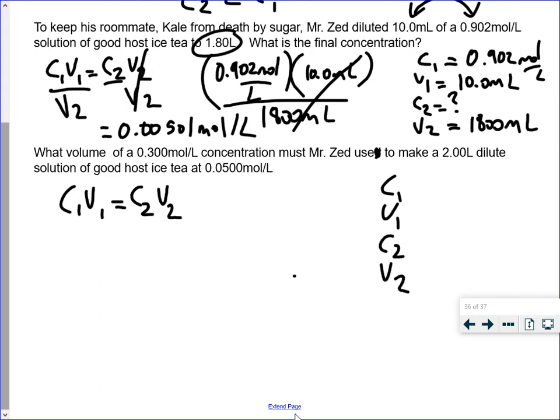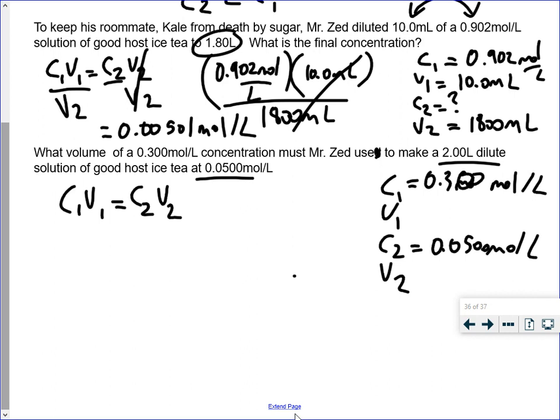We're trying to make a dilute solution, and the dilute solution is always the second system. So the concentration of the second system is 0.05 moles per liter, and the concentration of the first system is 0.3 moles per liter. Look at that. The concentration of the first system should be bigger.